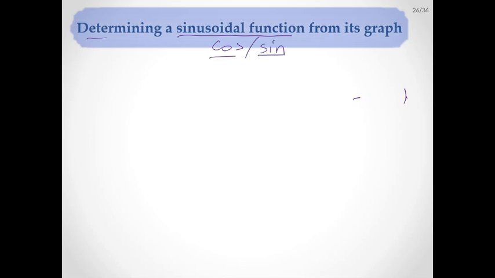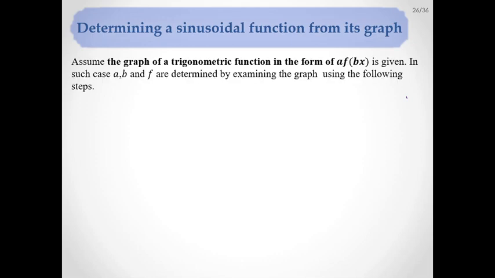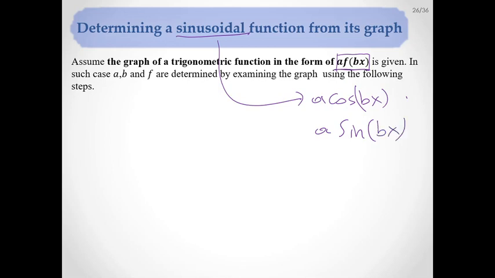So we will see some stretching or shrinking of cosine and sine functions vertically or horizontally. We don't look at the shifts, vertical or horizontal, in this section. Basically we will concentrate on finding a function of this type. Since it's sinusoidal, we will be looking at a cosine bx or a sine bx, both.